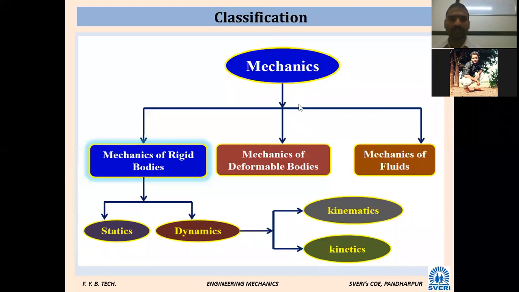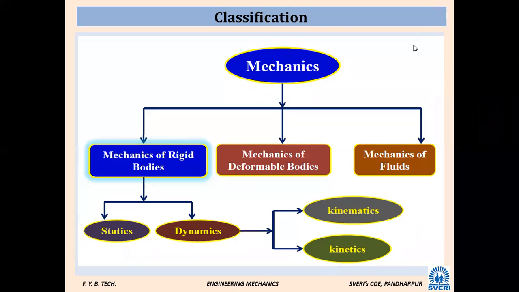This mechanics is divided into mechanics of rigid bodies, mechanics of deformable bodies, and mechanics of fluids. Next, again, this mechanics of rigid bodies is divided into two parts. That is, one is static and one more is dynamic. This dynamic is again divided into two types. One is kinetics and one more is kinematics. This flowchart you have taken in the last class, correct?